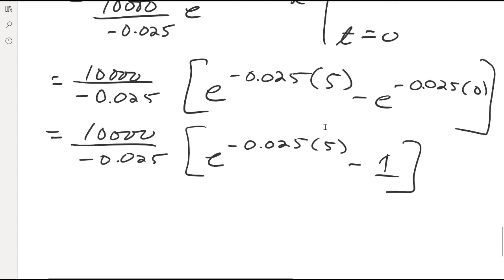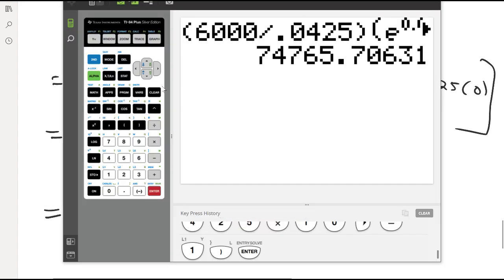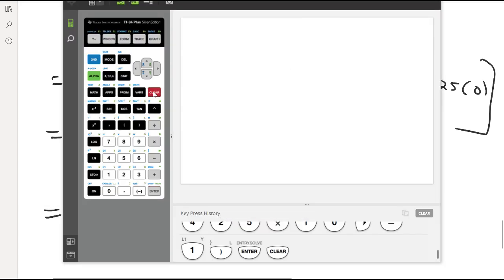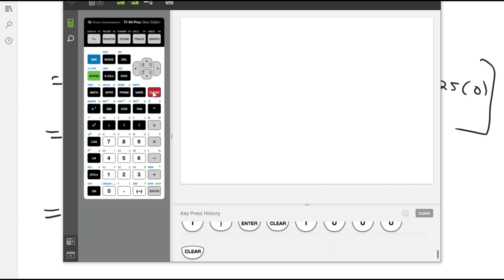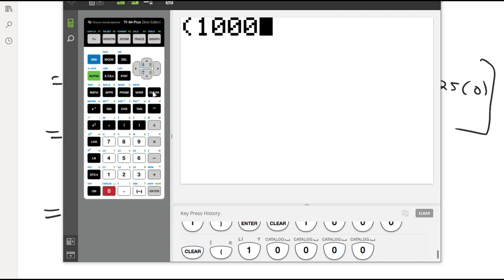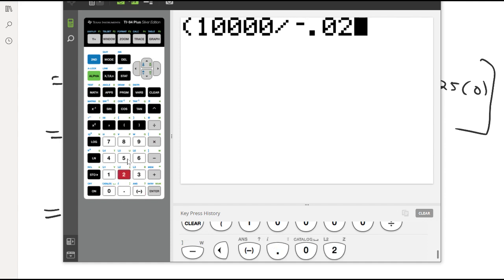All right. Lastly, we go to the calculator. Here we go. So it's going to be 10,000. Let me put that in parentheses. So parentheses 10,000 divided by negative 0.025. Make sure you actually type your negative.